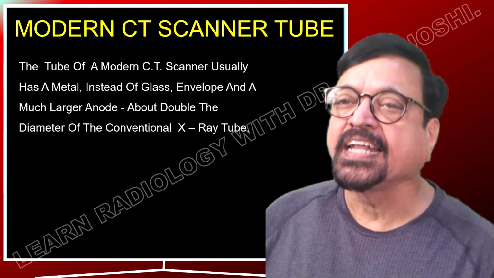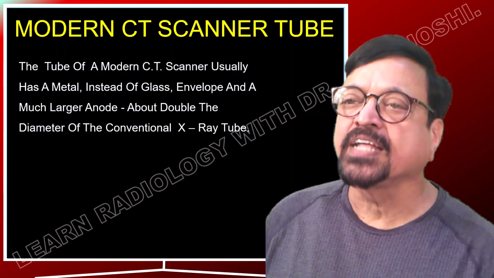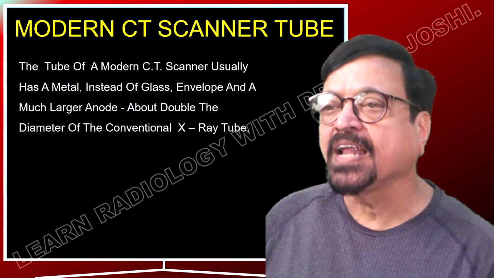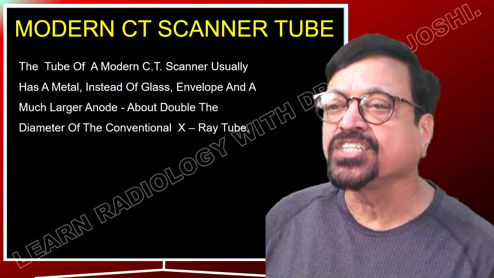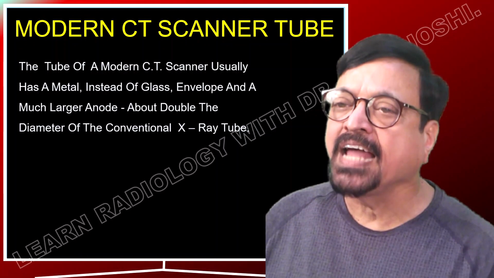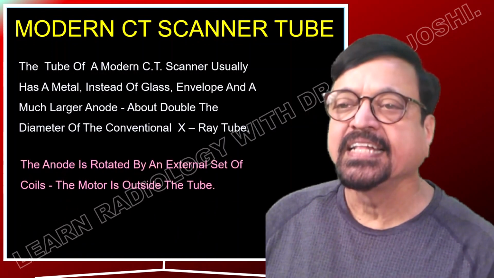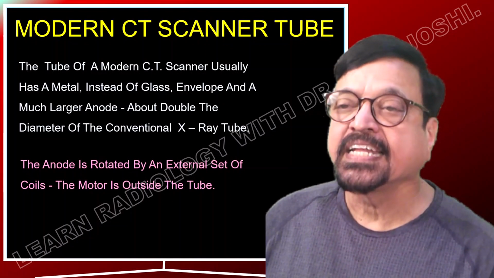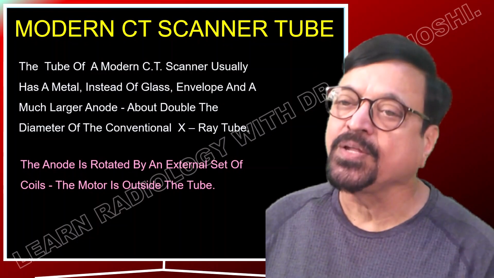Now, modern CT scanner tubes. The tubes of modern CT scanners usually have a metal instead of glass envelope and a much larger anode, about double the diameter of the conventional X-ray. The anode is rotated by an external set of coils that gives it more RPM than that of the routine X-ray tube.